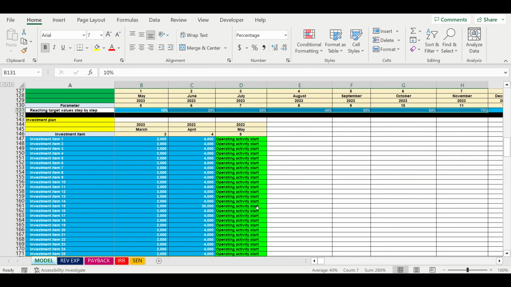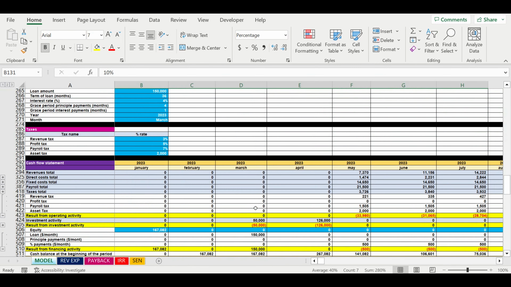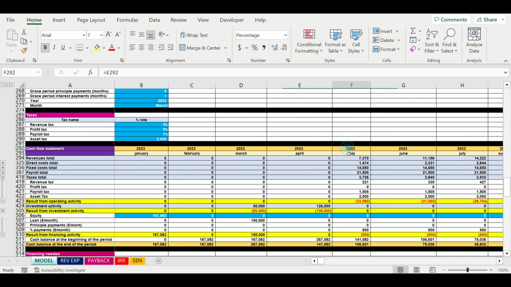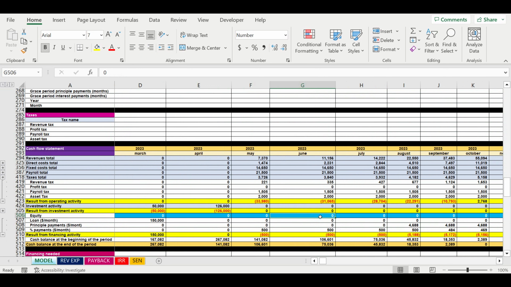If we go to the cash flow statement, this is May 2023, these are the investment stage expenses, and we can see that during the first several months we have operating losses, and these losses we need to add to these investment stage costs to get the total amount of financing that we need to start the business.